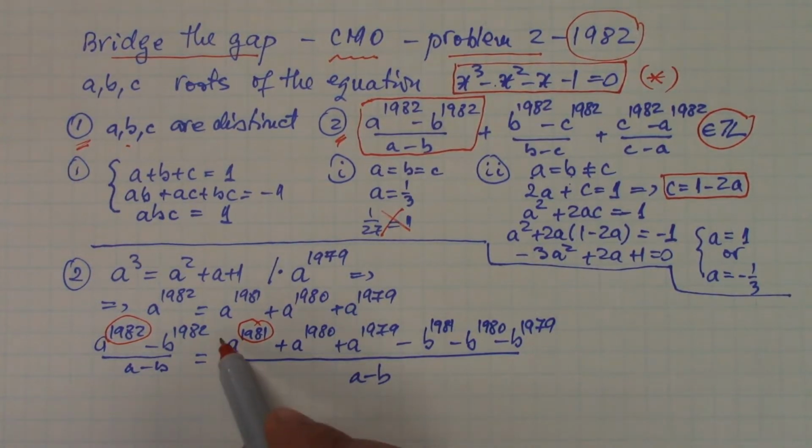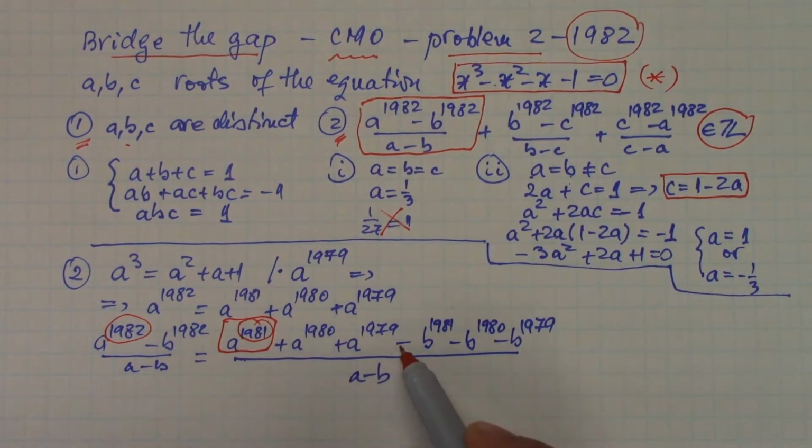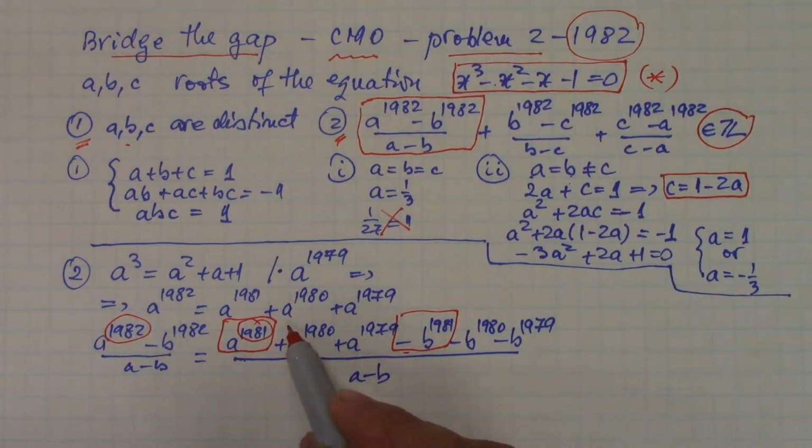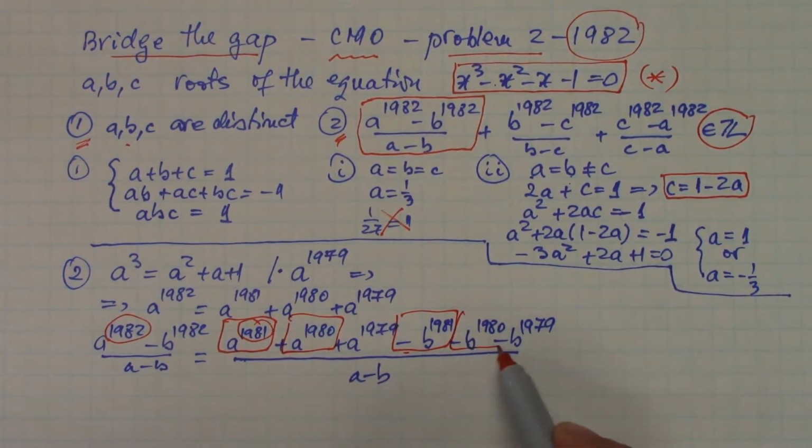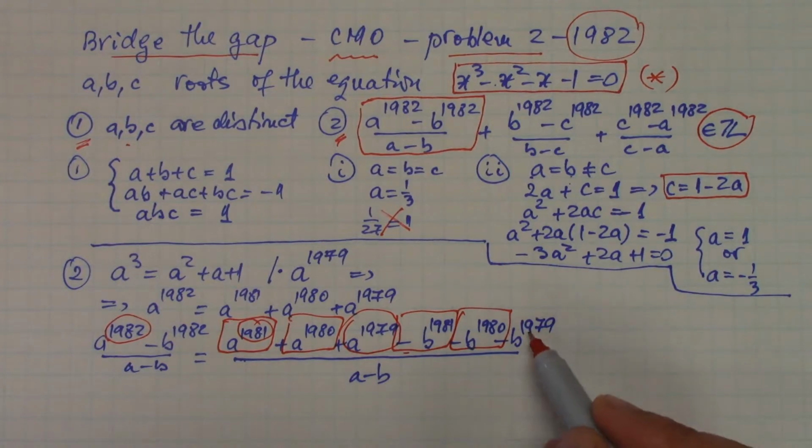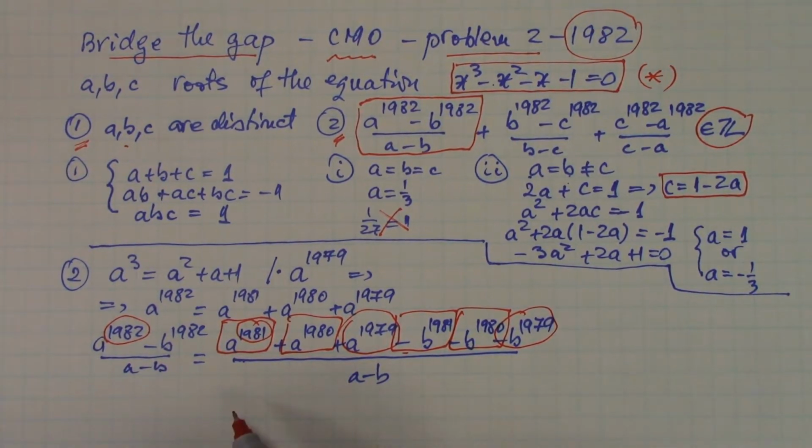Because if we put together this term and this term here, over a minus b, we get exactly the same relationship here, but instead of having 1982, we have 1981. And if we put together this term with this term here, we get exactly this kind of relationship, but with 1980 instead of 1982. And finally, if we do it with a to the power of 1979 minus b to the power of 1979, we get again this relationship.